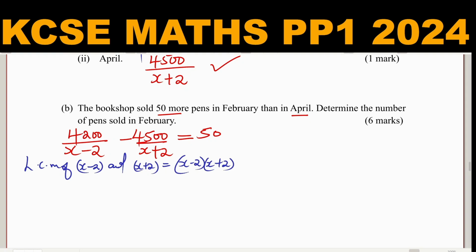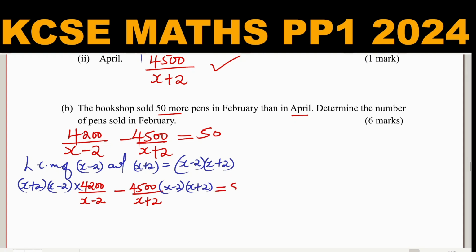So we have X plus 2, X minus 2, multiplied by 4,200 divided by X minus 2, then minus, we do the same for this one: X minus 2, X plus 2, multiplied by 4,500 divided by X plus 2. And on the right hand side, 50, we multiply by X plus 2, X minus 2.